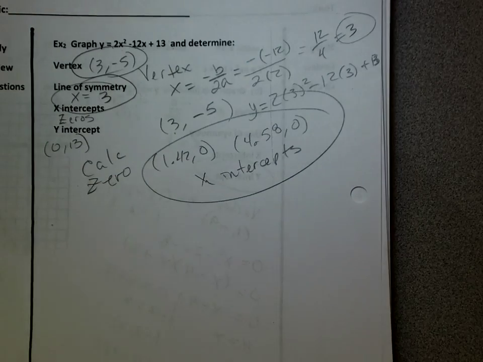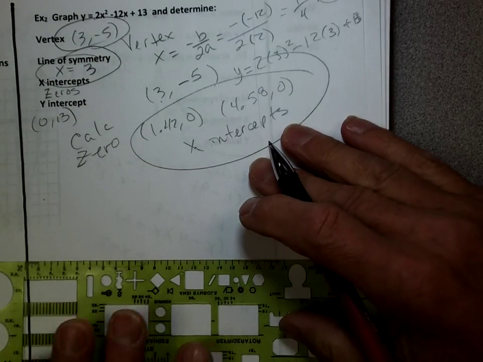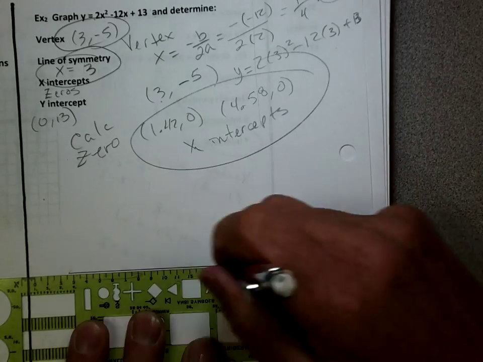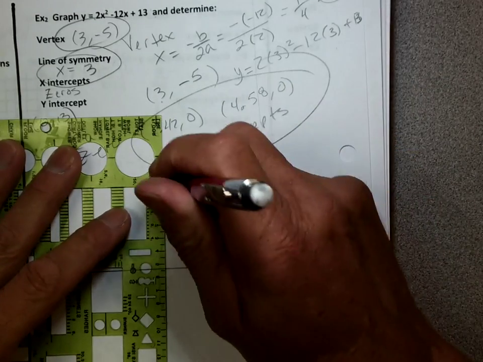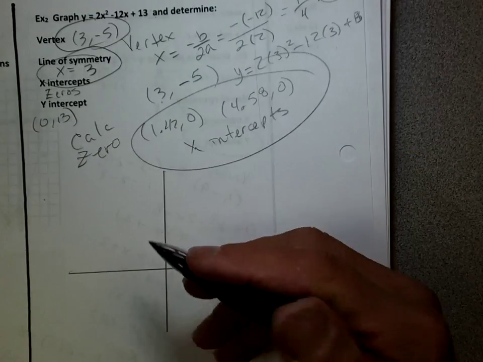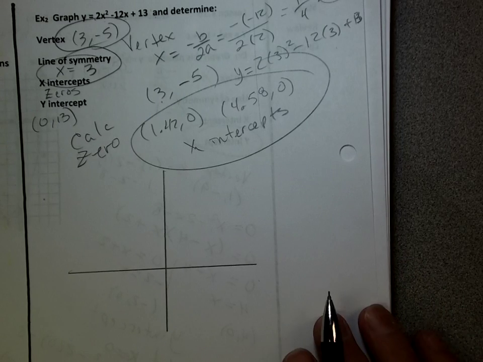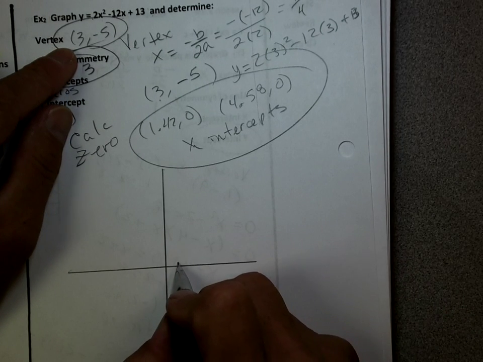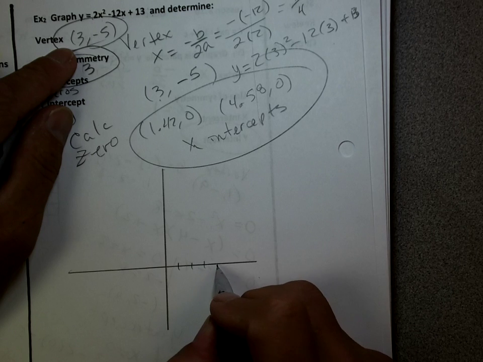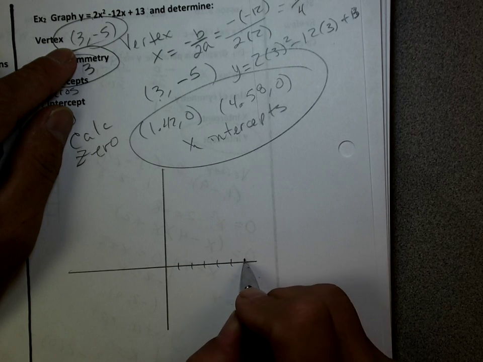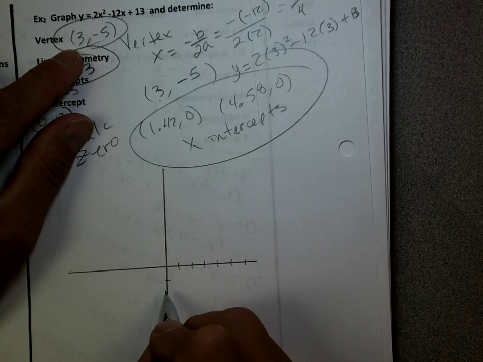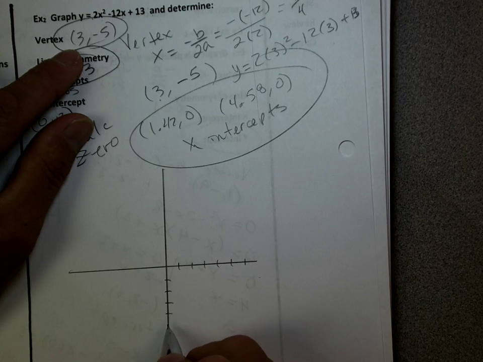All right, I didn't put graph paper on this, but we can do it by hand. So if I try and do a nice, neat job, I'll draw a graph in like this, right? I know my vertex is at 3, -5.